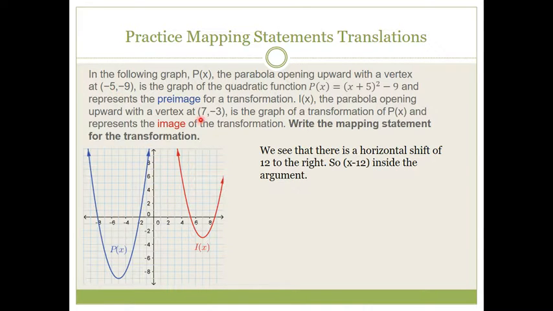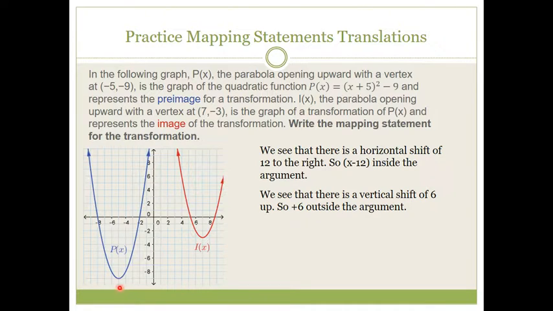If you're looking just at the points, you could have said 7 minus a -5 is 12. All right, so we know that when I write our mapping statement, I'm going to have x minus 12 as the argument. Now I'm going to count how much we go up. Well, to get from this y value of the pre-image to the y value of the image, we see that we have to go up 6.